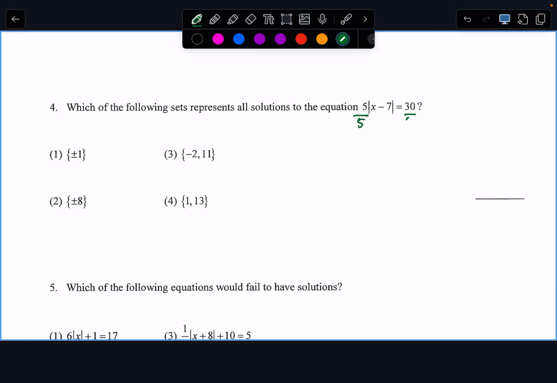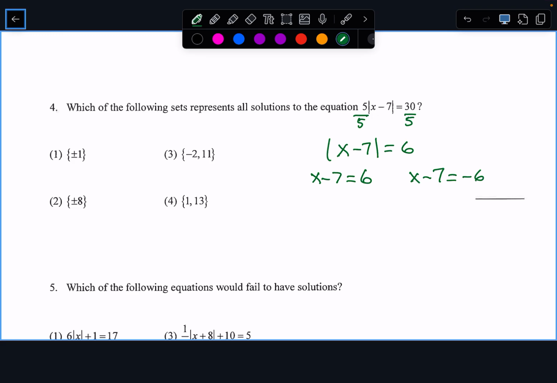This one, I said we have to isolate the absolute value first, so we divide both sides by 5. We have the absolute value of x minus 7 is equal to 6. Okay, now what's inside the absolute value sign can be a positive or a negative. So we make x minus 7 equal to positive 6, and x minus 7 equal to negative 6.